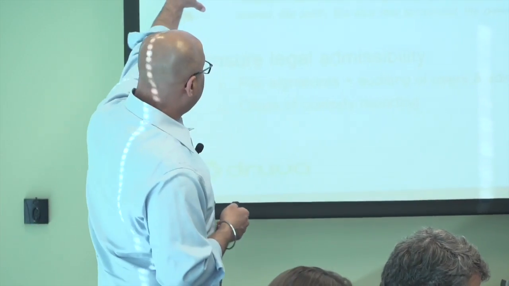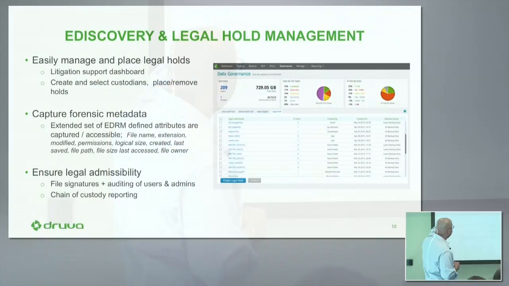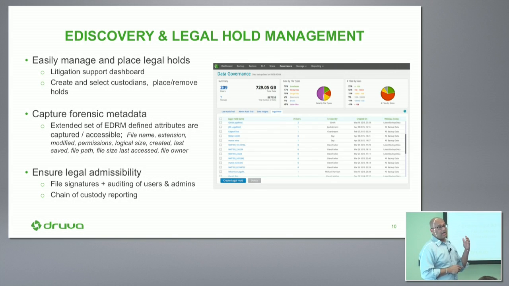Okay. So then we collect and capture all the metadata that is pretty much blessed by the authorities in terms of what defines legal admissibility, what kind of metadata needs to be captured, and we make sure that all that traceability, chain of custody reporting, all of that is available as well from a legal admissibility standpoint.